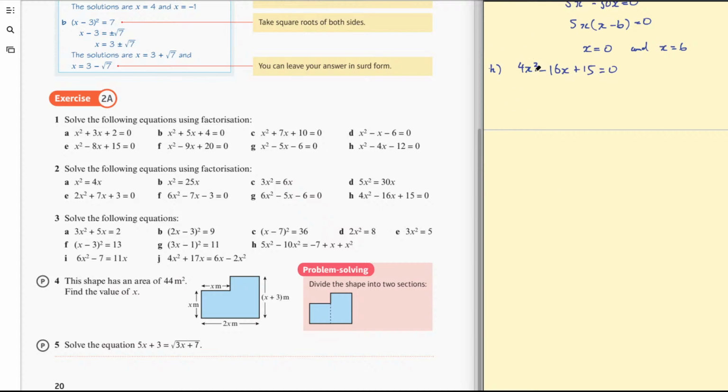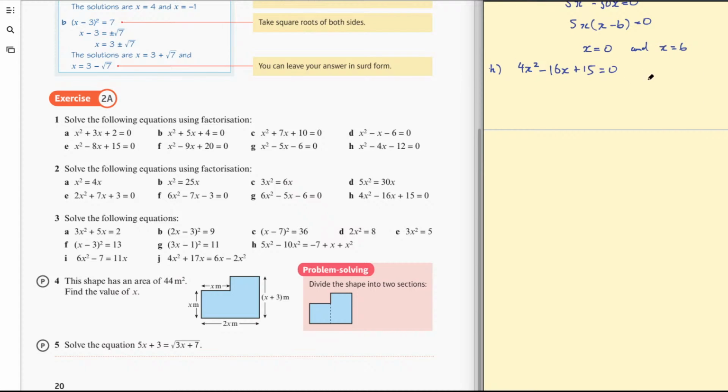Okay, so yeah, as I was saying, we have a coefficient of x squared of 4. Now, instead of just considering the factors of 15, we also need to consider the factors of 4. So there's like two different factorizations going on here. Factors of 15 are, well, 1 and 15, or 3 and 5.